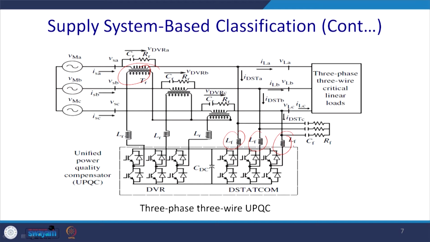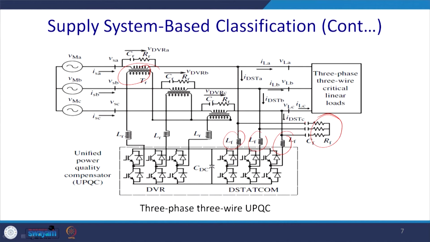Ultimately, this L and this C will have a resonance frequency very close to your switching frequency, and it is passively damped by the resistor RF. Or the physical resistance may not be connected; it may be due to the series resistance of the inductor and the capacitor, put into the lumped parameter as RF.